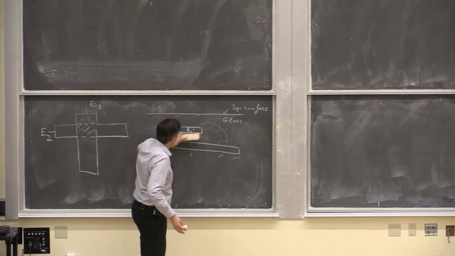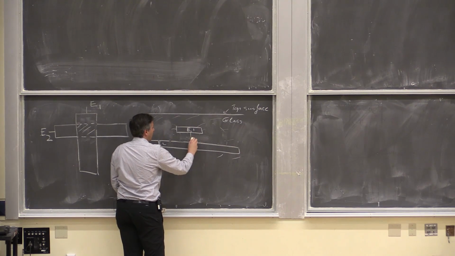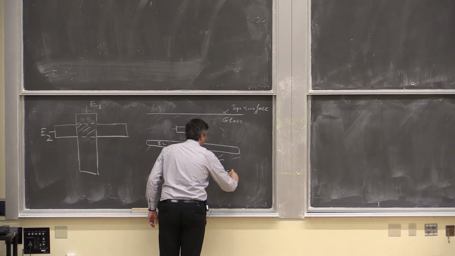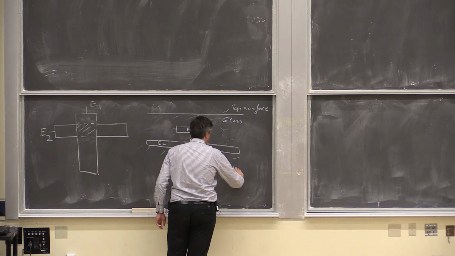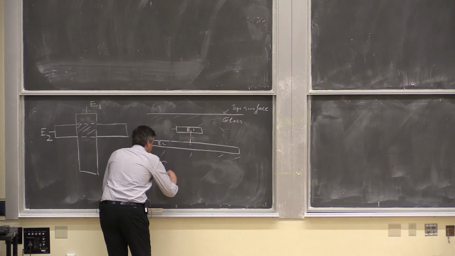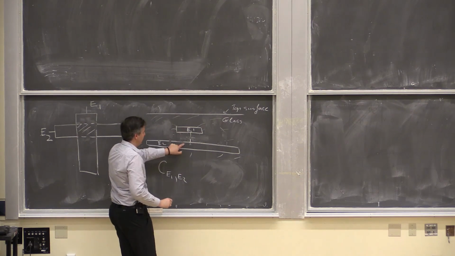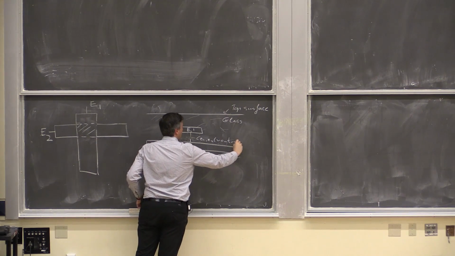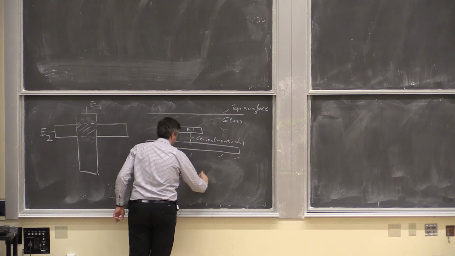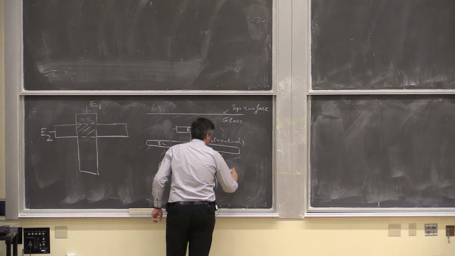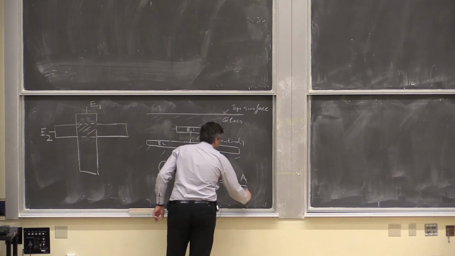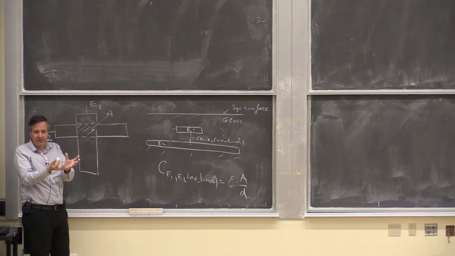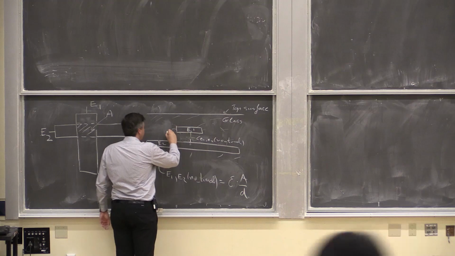So we can say that C E1, comma E2, that's basically this capacitor, with no touch, equals some epsilon times A over D, where A is approximately this area, some effective area of overlap of these two conductors, and D is this distance.